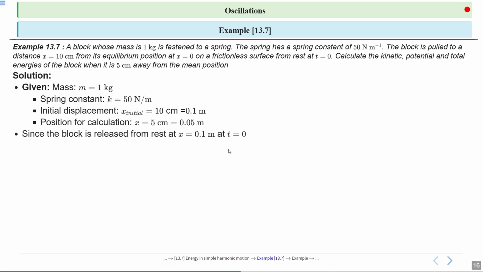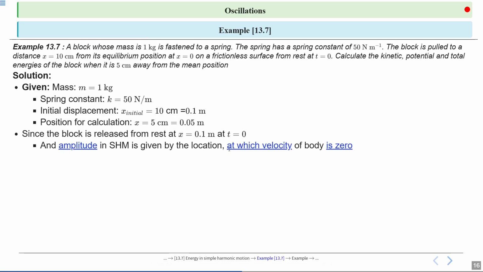Since the block is released from rest at x equal to 0.1 meter at t equal to 0, and amplitude in SHM is given by the location at which the velocity of the body is 0, the point where the block is released is actually the amplitude of the motion.